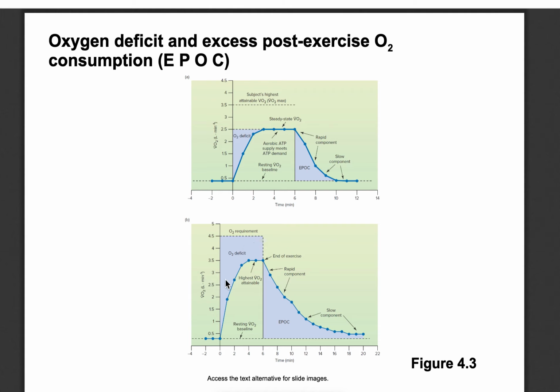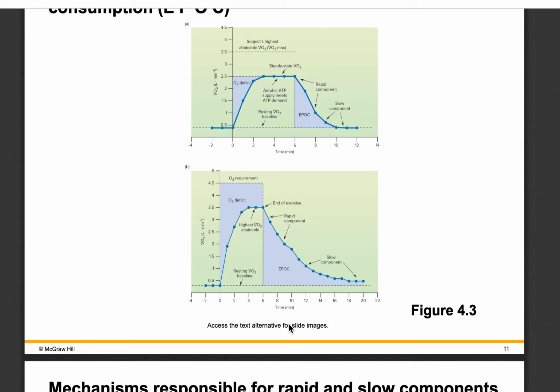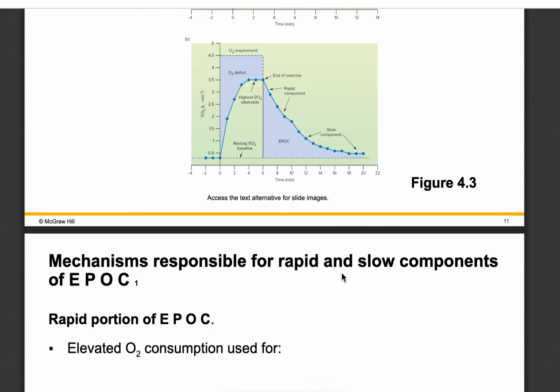Your body's incapable of it, and so you have this huge oxygen deficit, and you can't keep that up very long. And when you do, you have this greater and more exaggerated EPOC curve as compared to this one. It's just trying to give you those extremes to look at. Again, you have this rapid phase and a slower component, and it's more exaggerated.